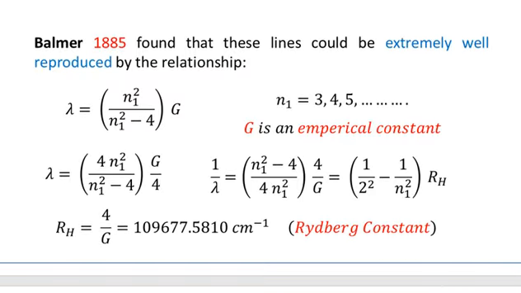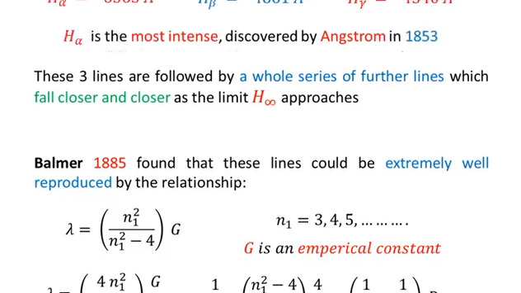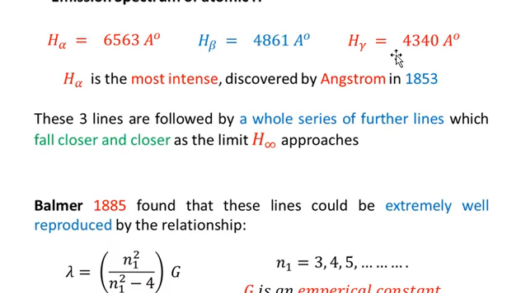Now let's talk about Balmer. Balmer was a scientist who in 1885 found that these lines could be extremely well reproduced by a relationship. Which lines? These three lines, H alpha, H beta, H gamma, and many other lines which were known at that time.